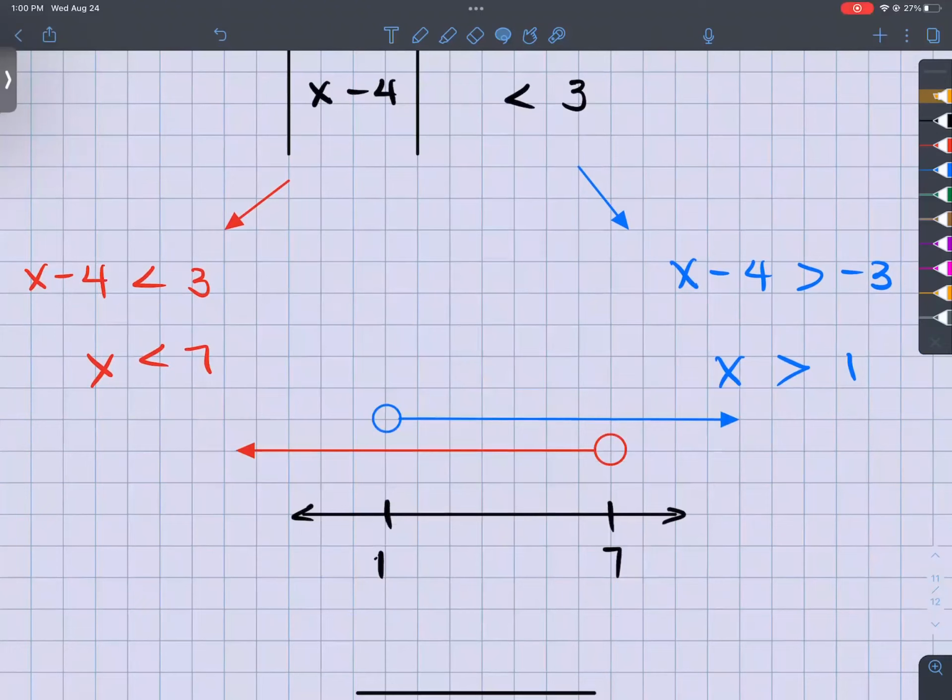Are we okay there? That makes a lot of sense. Now, anytime that happens, it tells me that my result is really from here to here with parentheses.